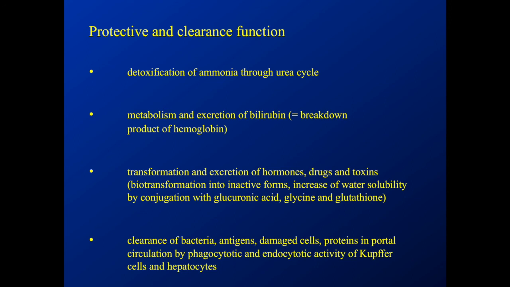But then if you have further pathogens that get into the portal supply through the lymphocytic barrier, the epithelial barrier of the GI tract, then the liver will be the third barrier through these Kupffer cells that will phagocytose and degrade harmful pathogens and antigens that are then taken in.